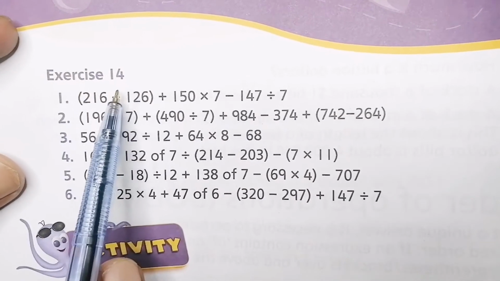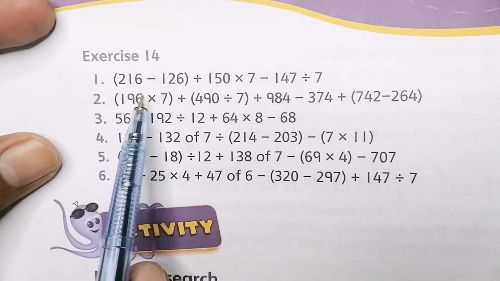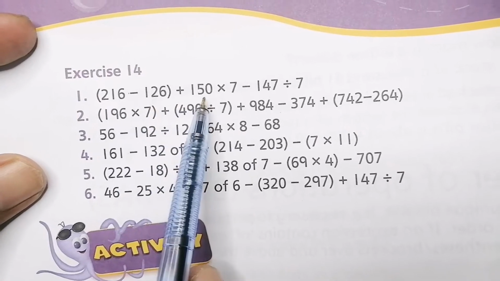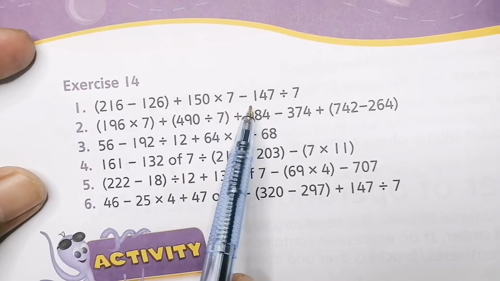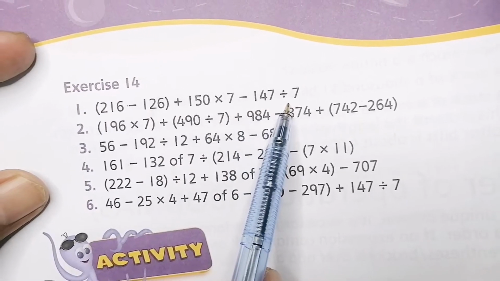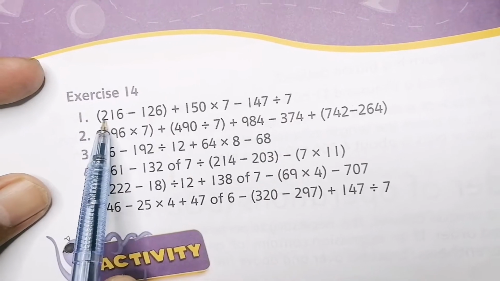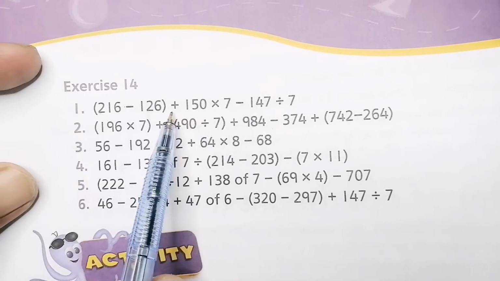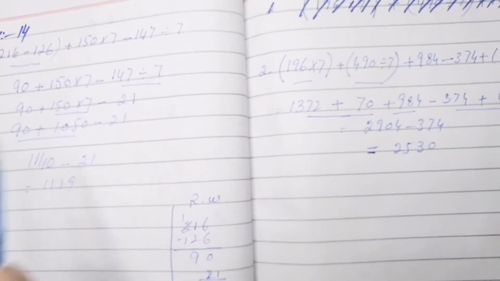So now we move to the exercise. Here exercise 14, right? For the first question, the bracket is given, and 216 minus 126 plus 150 multiply 7 minus 147 divided by 7. So here bracket we will solve first, and then division, and then multiplication, and then we will add in the end. So here I have done this question for you.